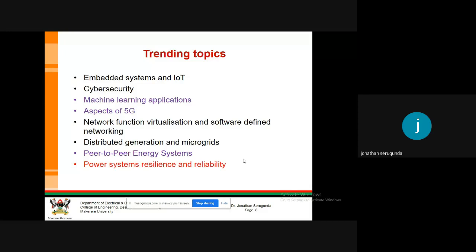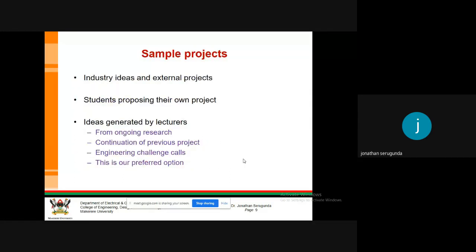We have a challenge with our electricity reliability, and so we keep asking, how can we make our system more resilient? Now, these are some of the general areas. If you need specific topics, you need to work with your supervisors to craft something out of this.